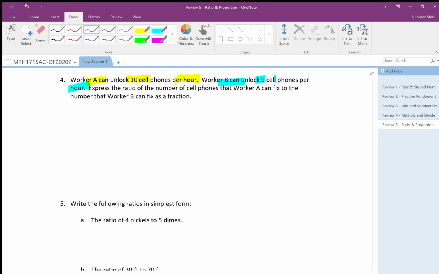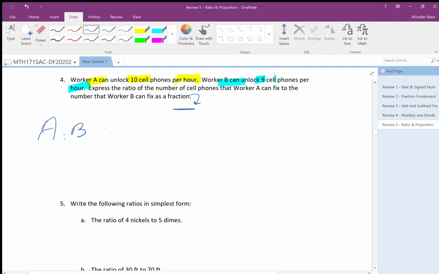It says show it as a fraction, because they want you to show it as something over something else. We don't mean part over total. When it says show it as a fraction, it means just show it like this.